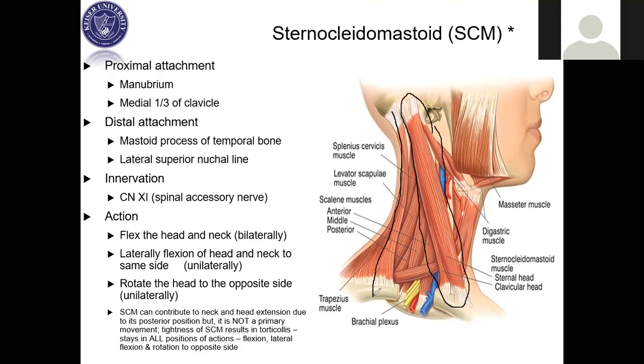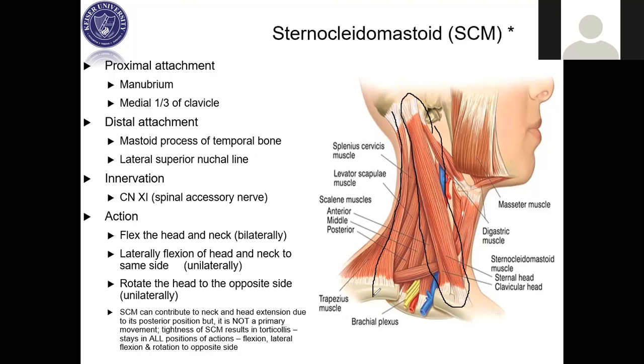So if the left sternocleidomastoid has torticollis and is tight, it will laterally flex the neck to the same side, and rotate to the opposite side. So you will see children that actually look like that with their head in this very uncomfortable looking position. That is what torticollis is. Torticollis is tightness of the sternocleidomastoid in all the directions that the SCM performs.